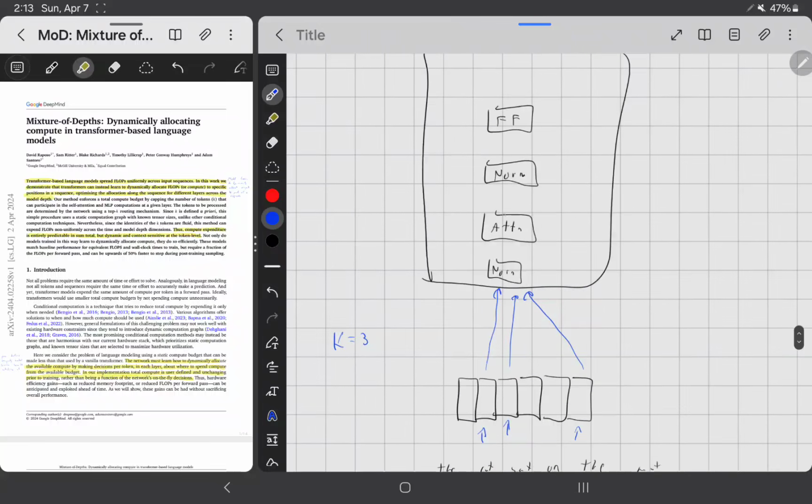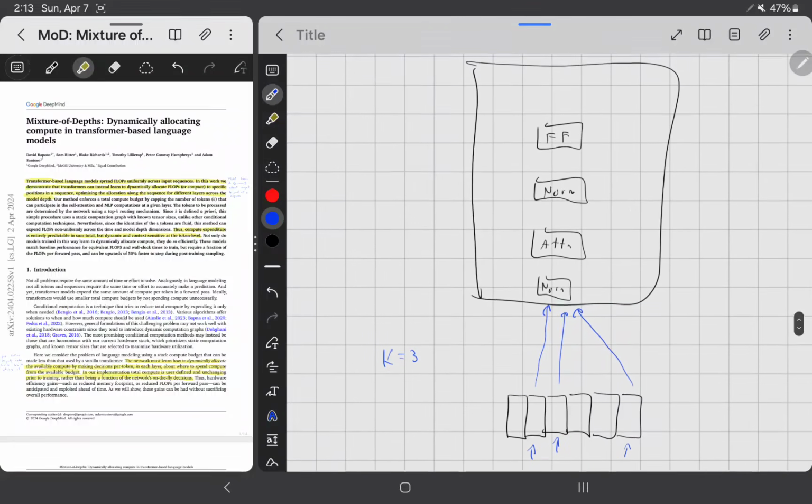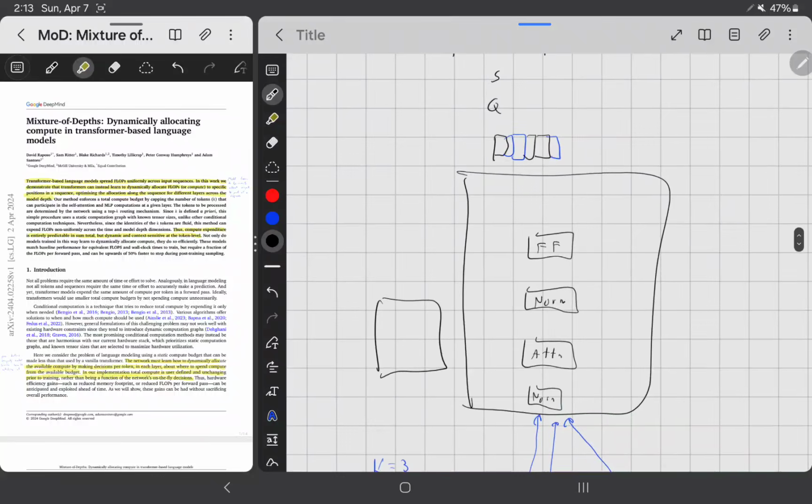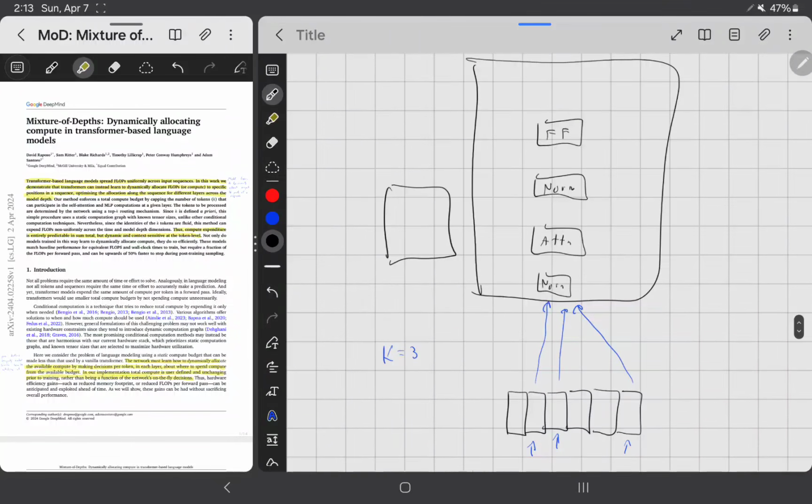One thing to note is that with the attention mechanism, the compute is reduced quadratically, because every token you add increases the attention matrix quadratically. So every token you remove also decreases the memory requirement quadratically.